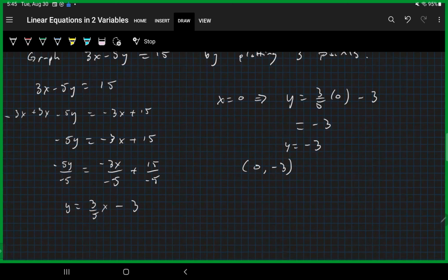If I were to plug in something like 1, then I'm going to have to deal with a fraction here because 3/5 times 1 is 3/5. That's not very helpful. I'd rather not graph fractions. Sometimes we have to, but we can avoid it. One of the reasons why I like getting y by itself is I can look at the number in front of x.